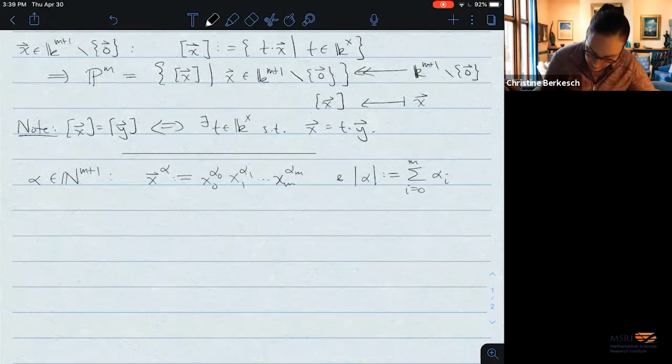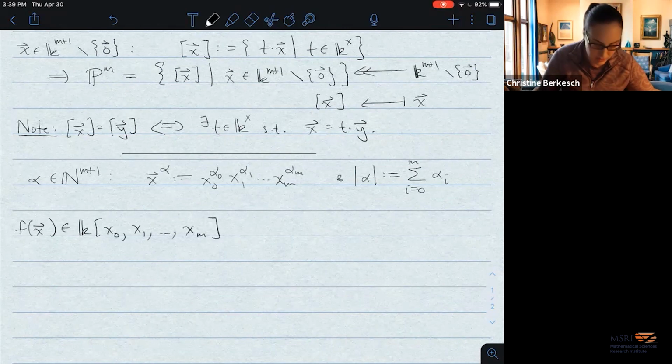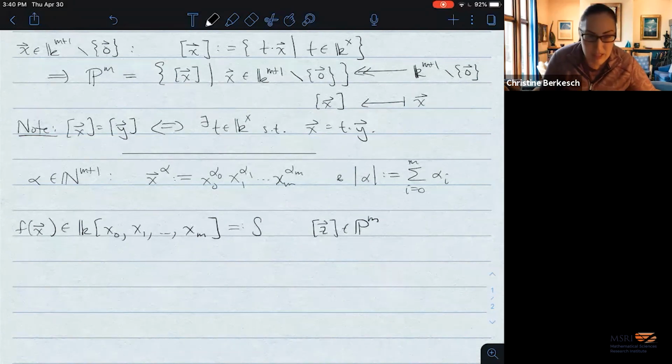Okay. So if I have a polynomial in my m+1 dimensional polynomial ring, which I'll call S, and I have some point in my projective space, then I can evaluate at the point in my projective space by picking a representative in that equivalence class.